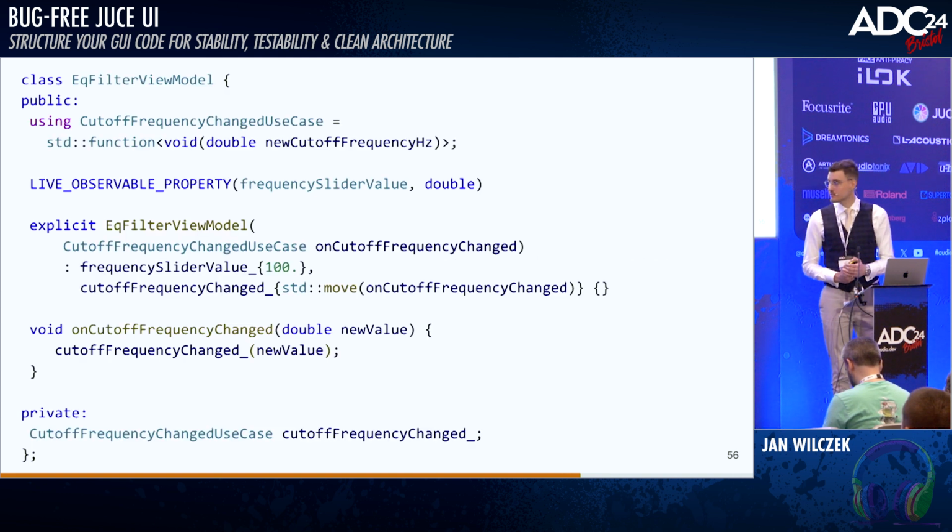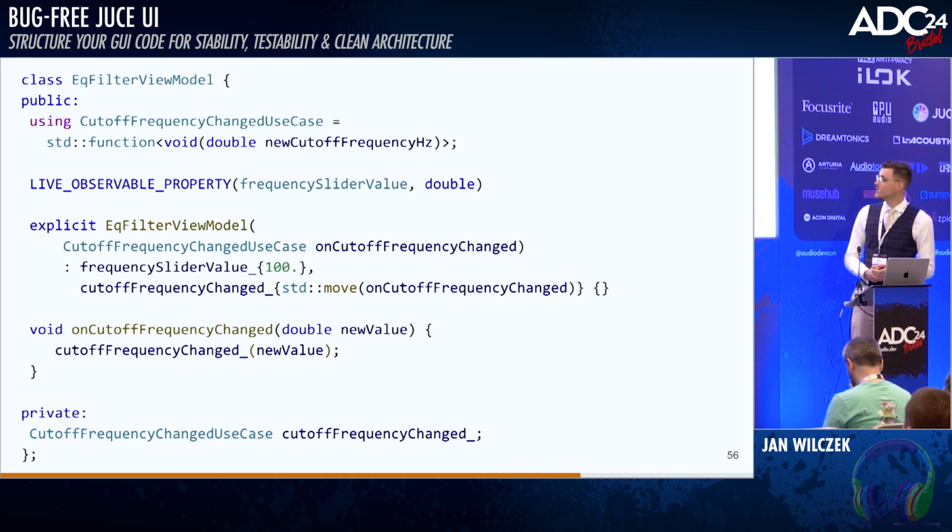Okay, so let's start with the view model that is responsible for the part where we can change a filter's cutoff frequency. And for this, we declare an observable property, frequency slider value, right, which is the UI state.